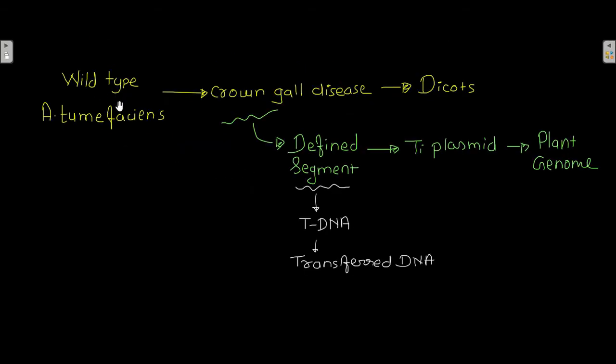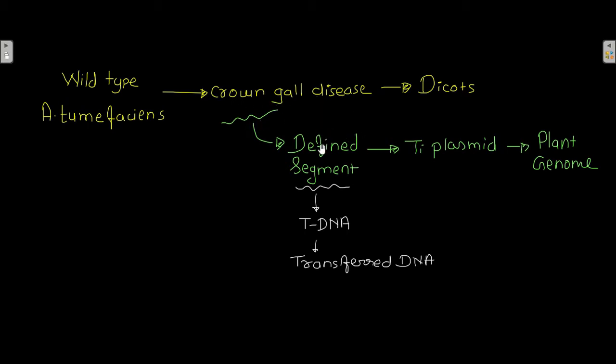Now wild type Agrobacterium tumefaciens results in crown gall disease, primarily in dicots.